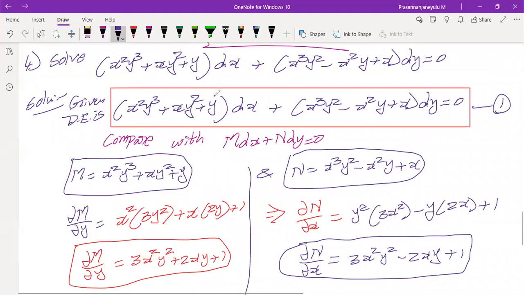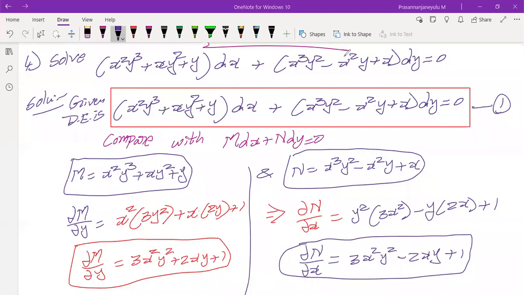Now, if we observe, in the dx coefficient, there are 3 terms, 1, 2, and 3. In the first term, what is the sum of powers of x and y? 5. In the second term, what is the sum of powers of x and y? 3. So 5 and 3 are not the same.